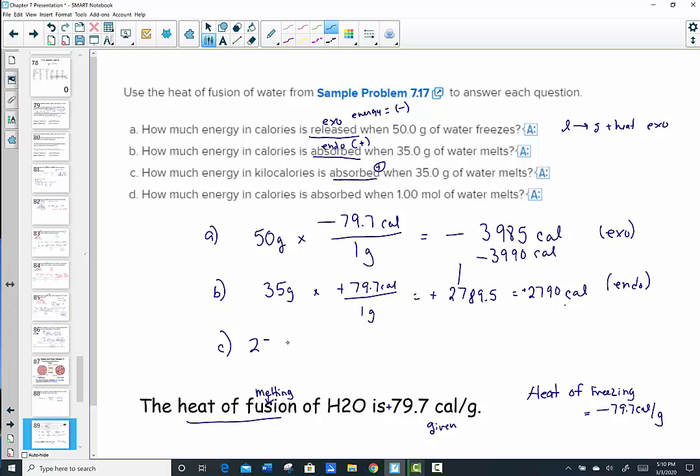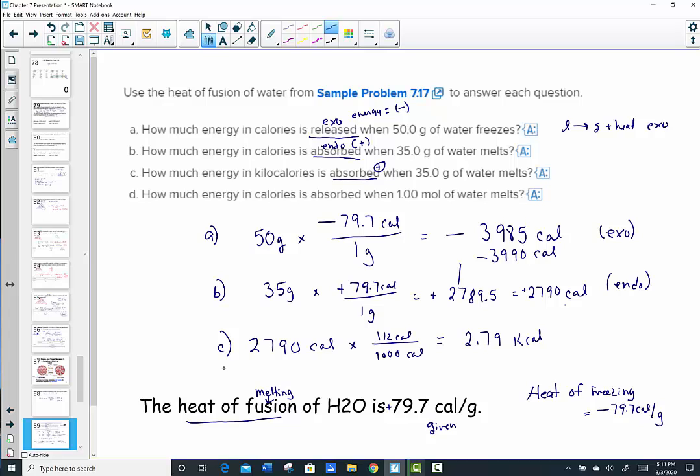So that's just taking our 2790 calories and knowing that a kcal represents 1,000 calories. That kilo is 1,000. So just move your decimal over 3 spots and you get 2.79, and that's why 3 sig figs. I have to have an answer with the same number of sig figs. So that's 2.79 kcals.